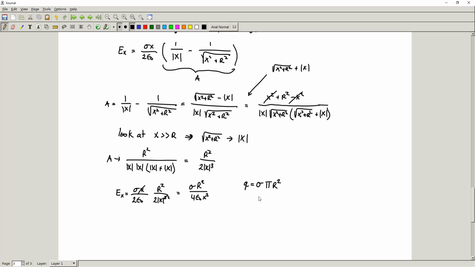Okay, so let's substitute in for that. We're going to find that sigma is equal to q over pi r squared.